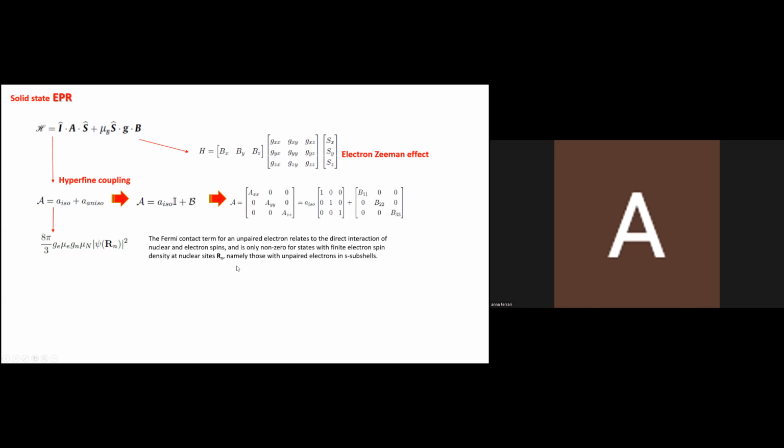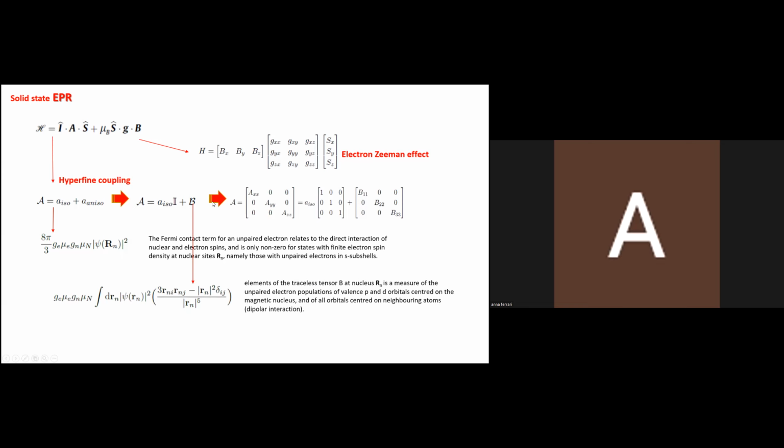And this is very important when the electron is in a spherical orbital, because these kinds of orbitals have a non-null probability of having electron density on the nucleus.